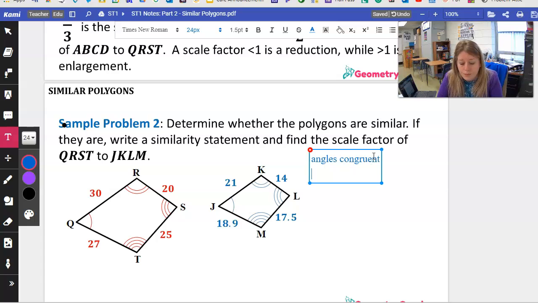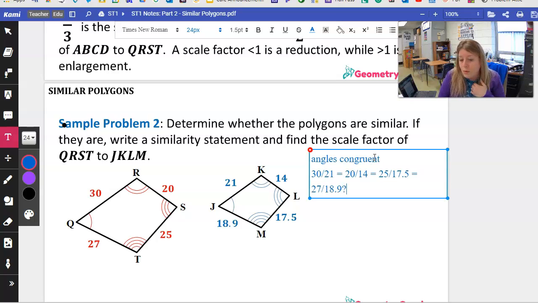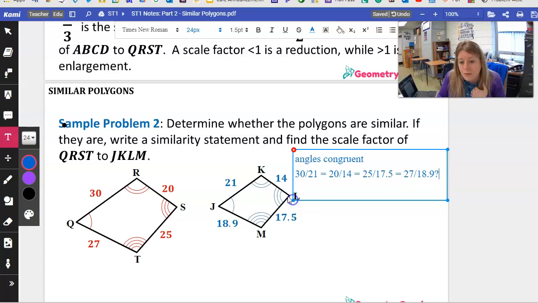So does 30 over 21 equal 20 over 14 equals 25 over 17.5 equals 27 over 18.9? So that's a question. Do those things equal each other? So then we're going to test them.